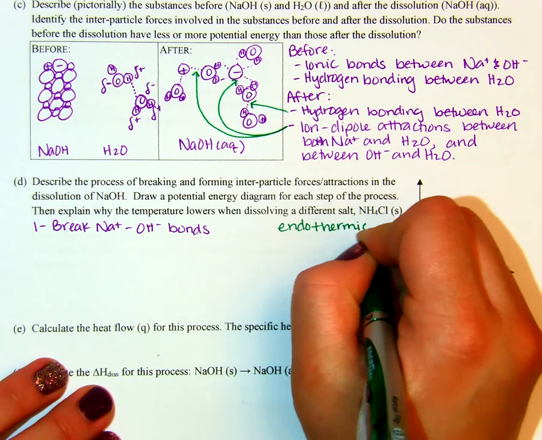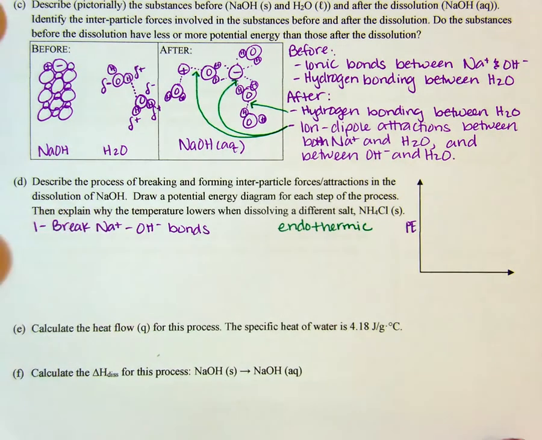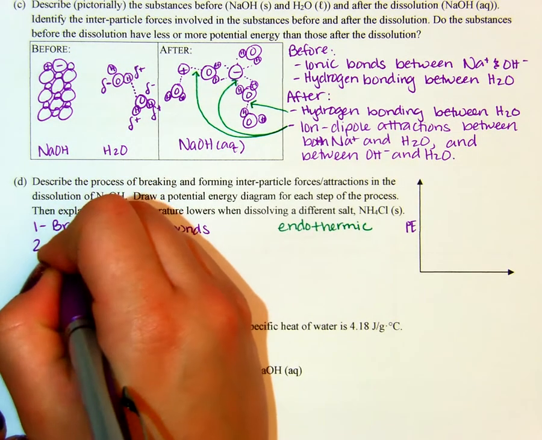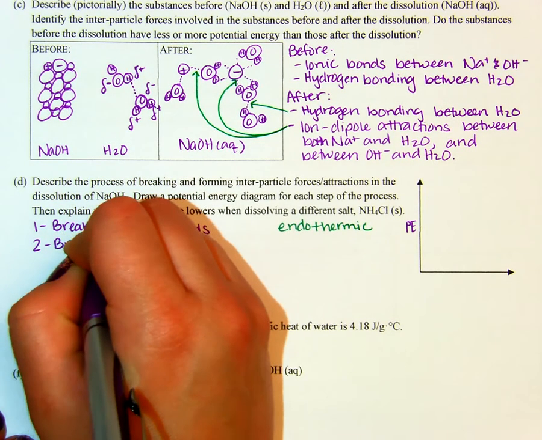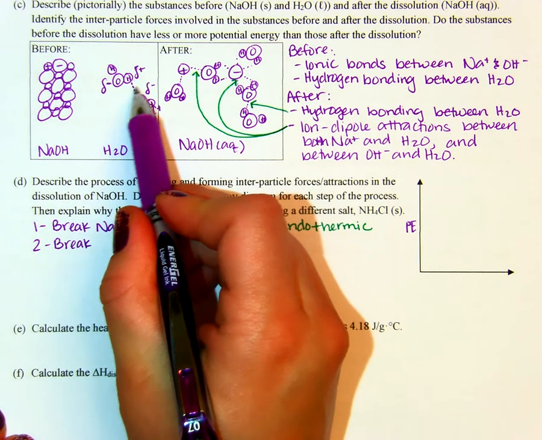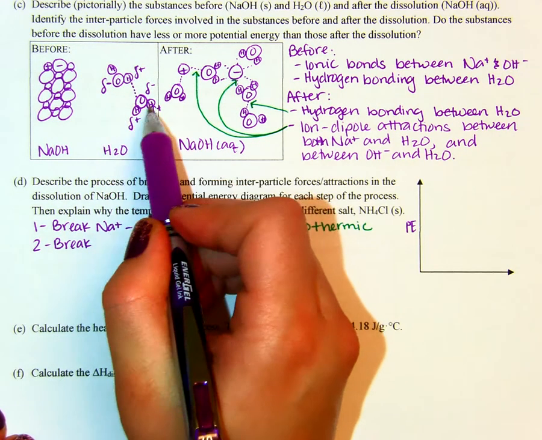So breaking those bonds is going to require energy to go in to pull apart those bonds, right? And so step 2, we're going to break the water hydrogen bonding. So the hydrogen bond right here between the water, we're going to sever that bond too. And that's going to take energy to pull that apart as well.